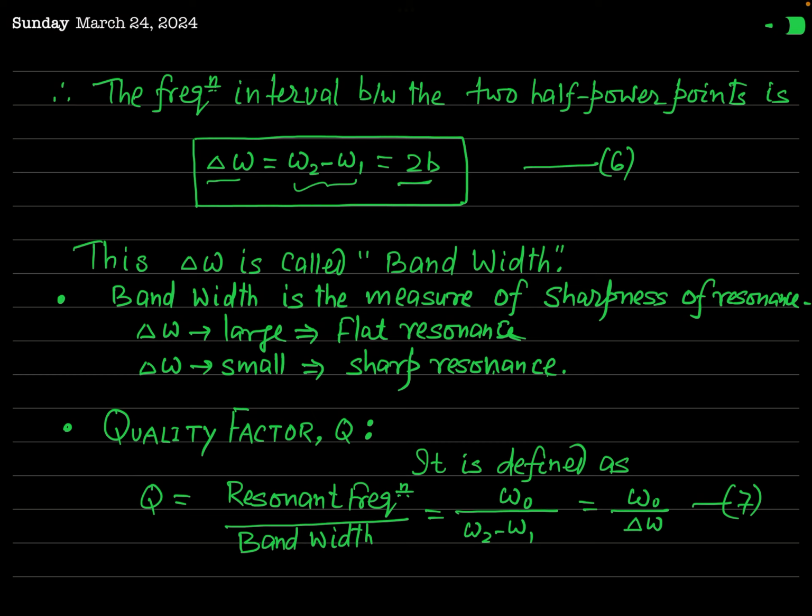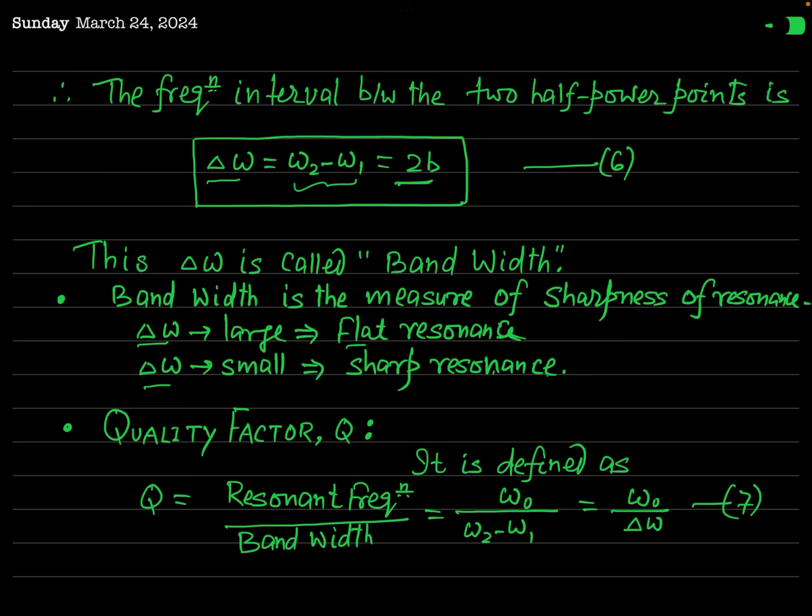Now as I have told you earlier, when this bandwidth delta omega is large, what does it mean? It means when the frequency deviates from omega naught, there is not a large fall in absorbed power; the absorbed power decreases only slightly. In that condition, resonance is called flat.